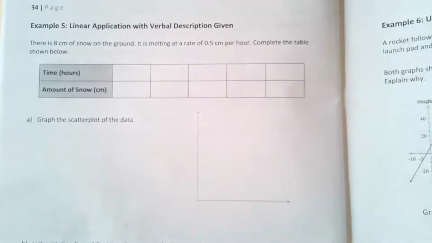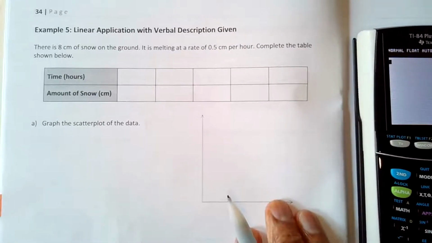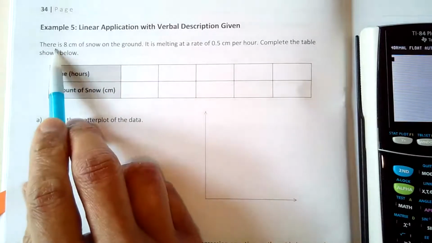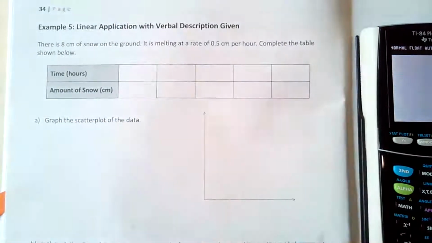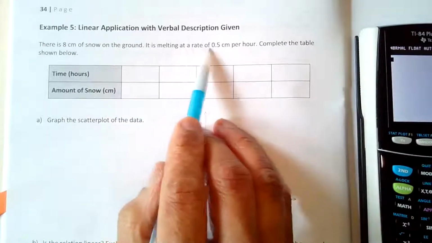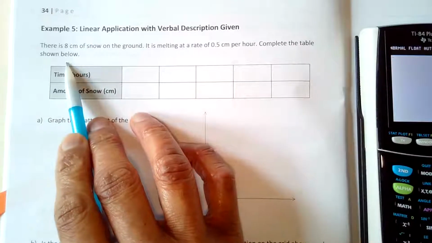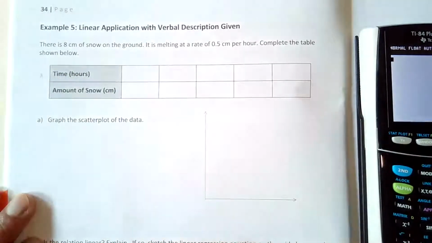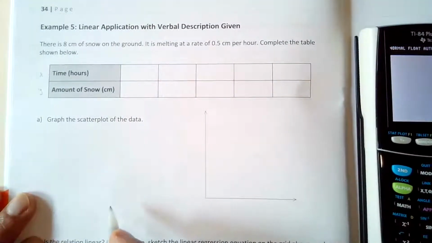So let's look through this one here. In this case, I'll use a graphing calculator. I'm alternating between the two. So here, there's 8 centimeters of snow on the ground, melting at a rate of 0.5 centimeters per hour. Complete the table below. Time is our x-axis here, and amount of snow is your y-axis.